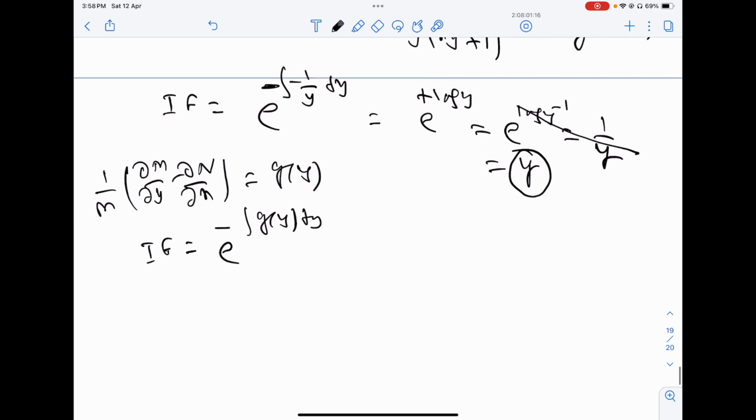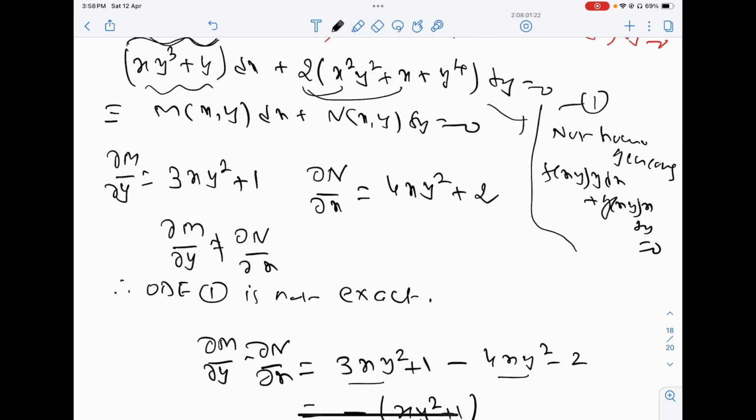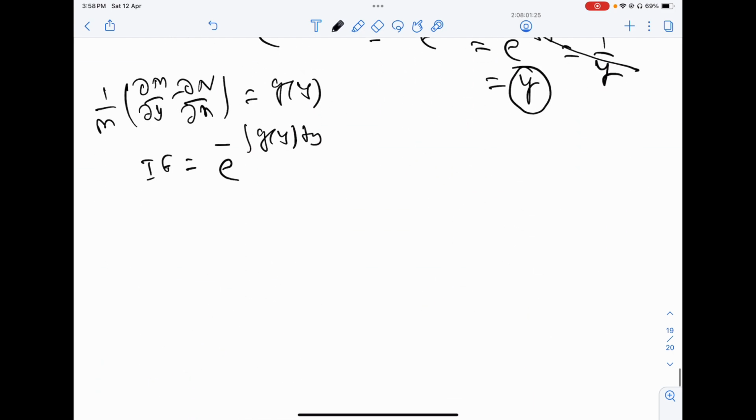So now multiply y to the first equation, and we make it exact. Multiply equation 1 with y.